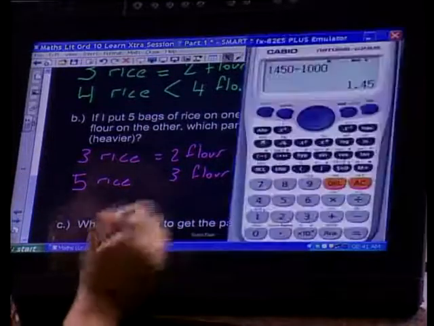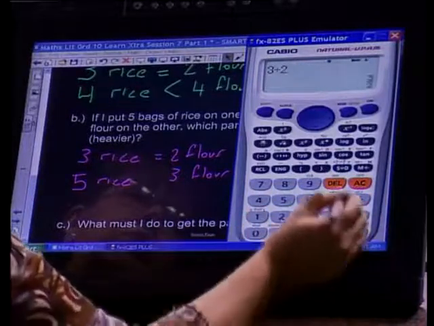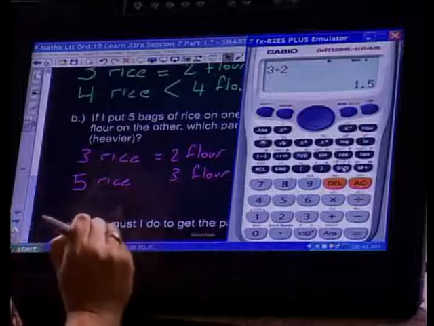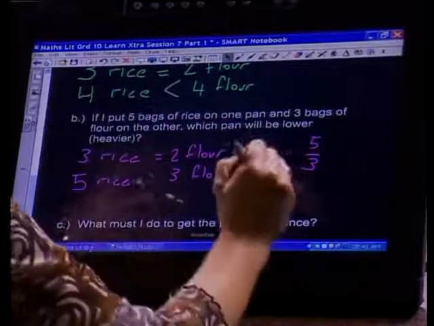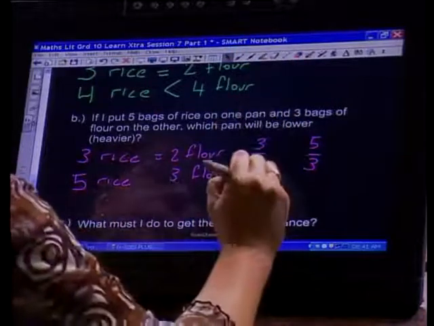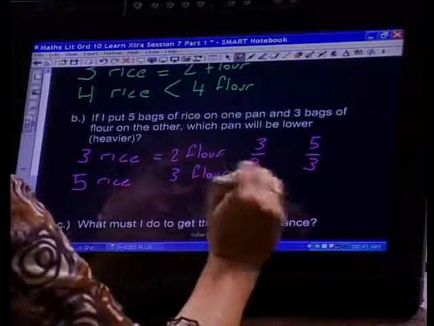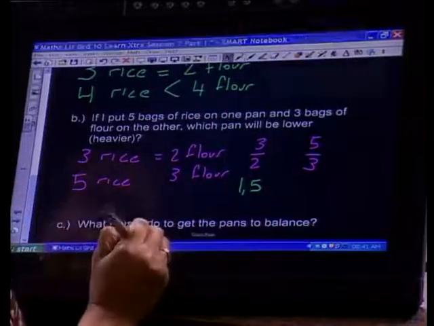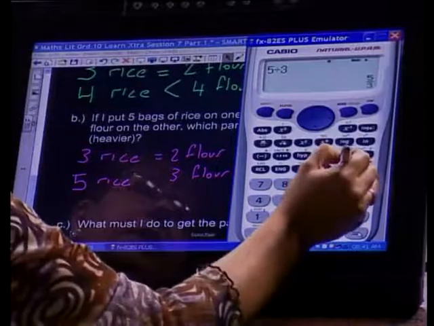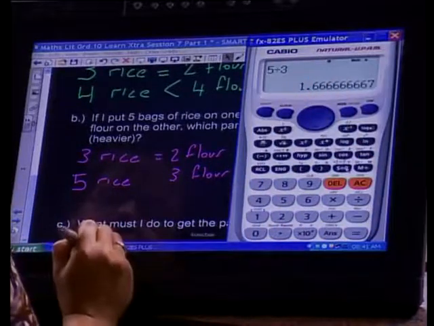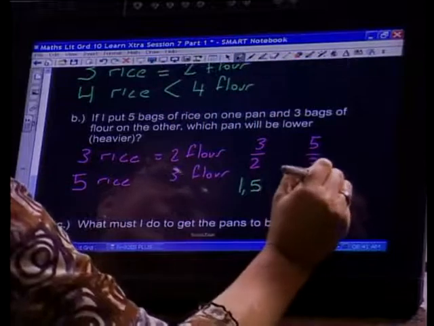So I'm going to use my calculator and say, well, okay, if I say 3 divided by 2, what do I get? I get 1.5. So what I'm telling you is, this is 1.5. Let's get a different color. That's 1.5. And the 5 over 3, let's do that one. 5 divided by 3, and I get 1.67. We're going to round off to 2 decimal places. So 1.67.